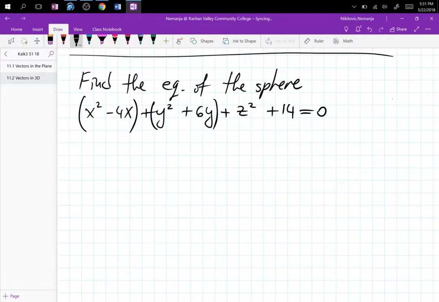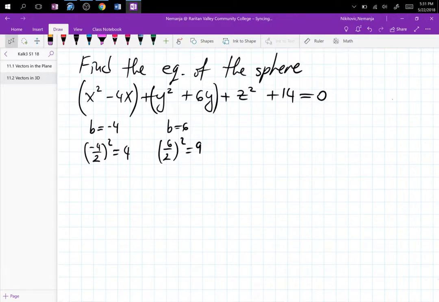So we only have 2 groups to worry about. B value is -4, so -4 divided by 2 squared is 4. And over here b is equal to 6, so 6 divided by 2 squared is 9. Those are the values that we add and subtract to complete the square.